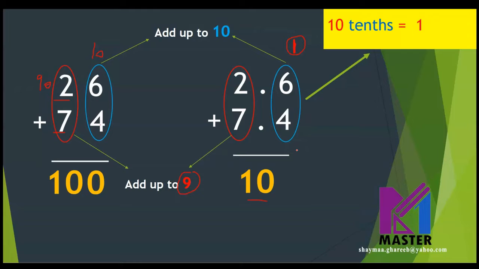And what did we notice here? The sum of the digits in the tenths place add up to 10, and the sum of the digits in the units place add up to 9. So every time I form 10, I will follow this rule.